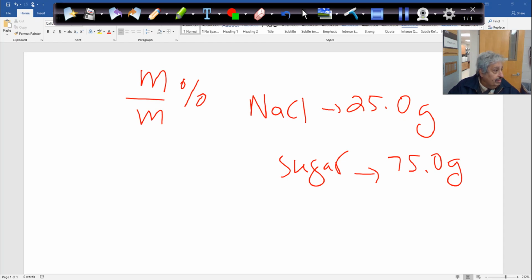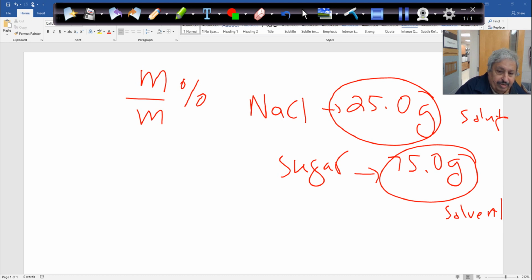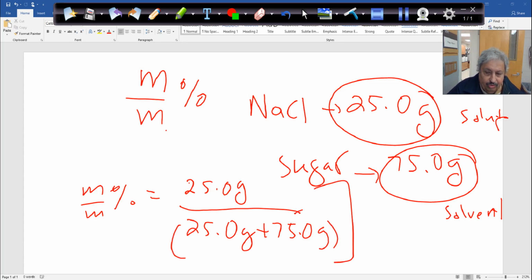Can you tell me? First you have to determine which one is the solute. This is a small amount. This is the solute, correct? This one is a larger amount. This is the solvent, correct? Mass over mass of the solution, so mass over mass percentage will be the mass of the solute, 25.0 gram, over the mass of the solution, which is mass of the solute plus mass of the solvent, and the whole thing multiplied by 100%.